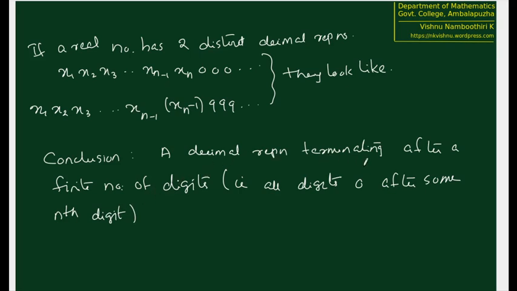A decimal representation terminating after a finite number of digits has exactly one more decimal representation in the above form.